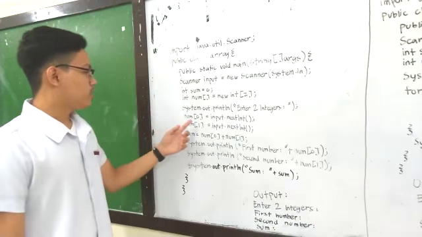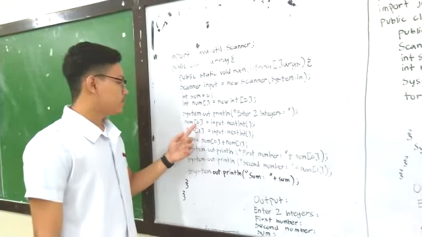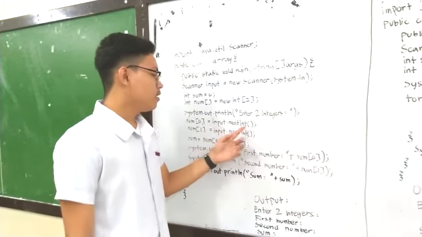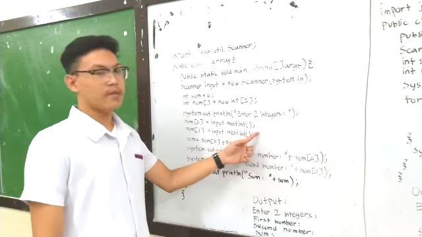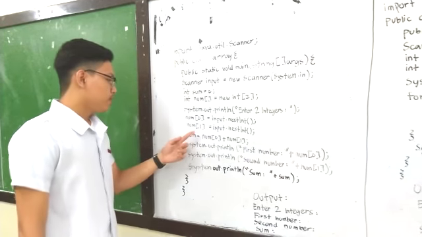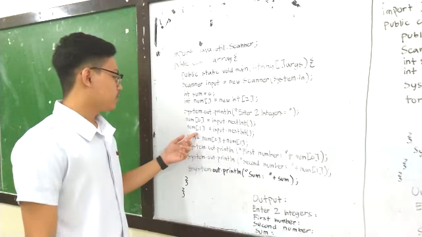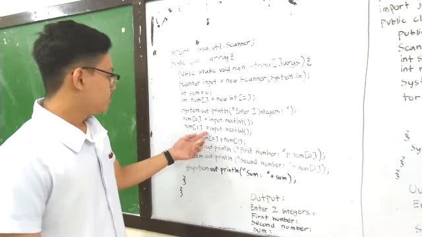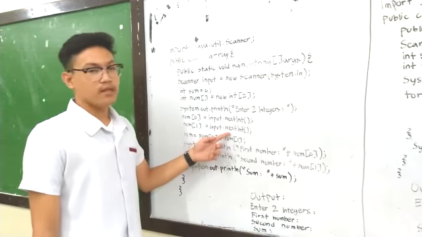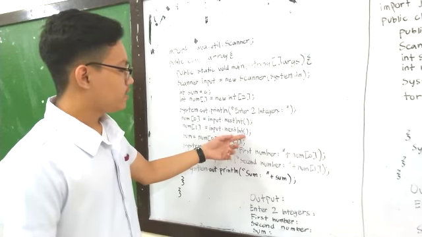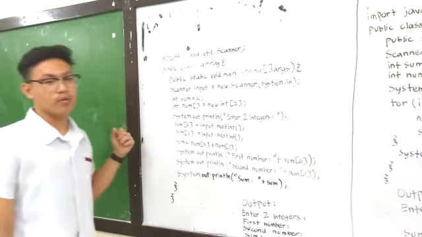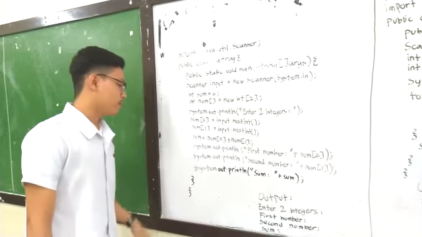Sa num po, index 0, equals input.nextInt, open and close parenthesis, then semicolon. Num, tapos open bracket, index 1, then equals input.nextInt, open and close parenthesis, semicolon. Kaya po 0 kasi 0 po yung basis ng ating program.